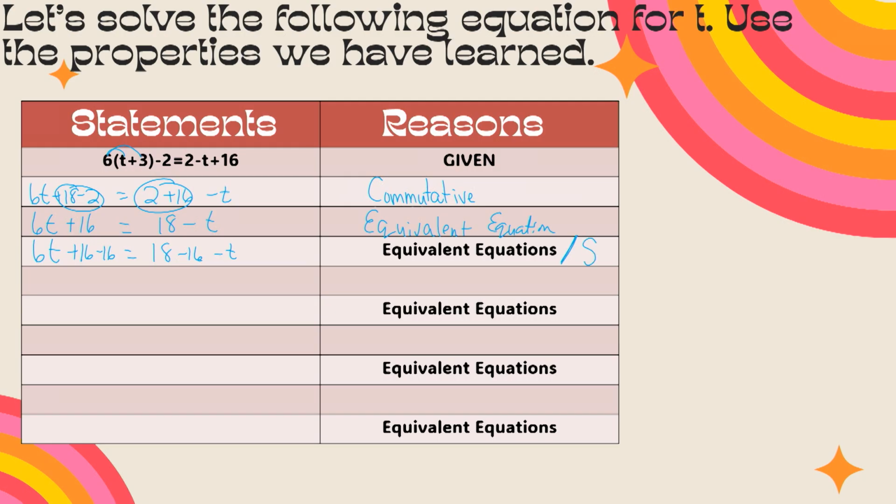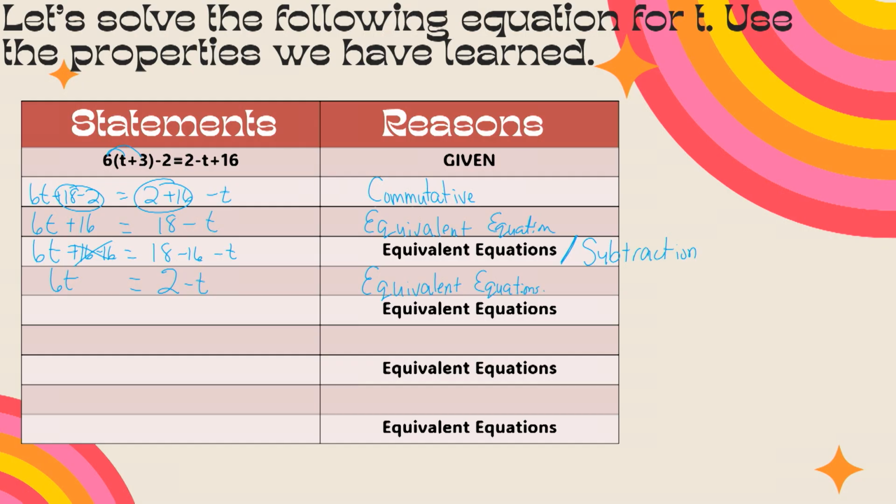I also used my subtraction property. So next, go ahead and make that a little bit easier to look at. I'm going to have 6t, because those cancel out, equals 2 minus t. And what I did there shows that these are equivalent equations.